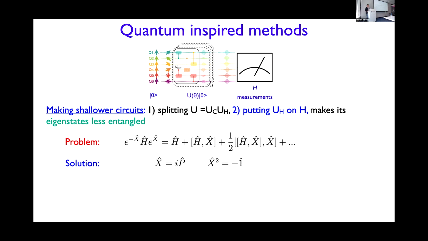Now, the solution that we found is actually quite simple, again using simple algebra. If your generator is just i times a Pauli product, then the square of your generator is -1 because of i. This property is called involution, or involutory.